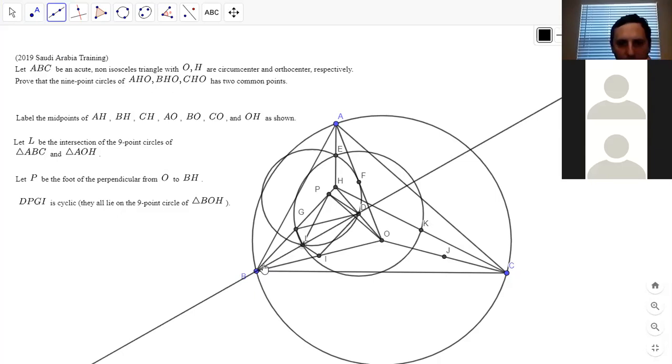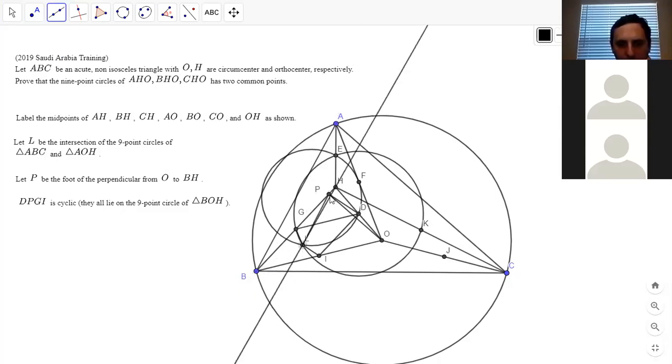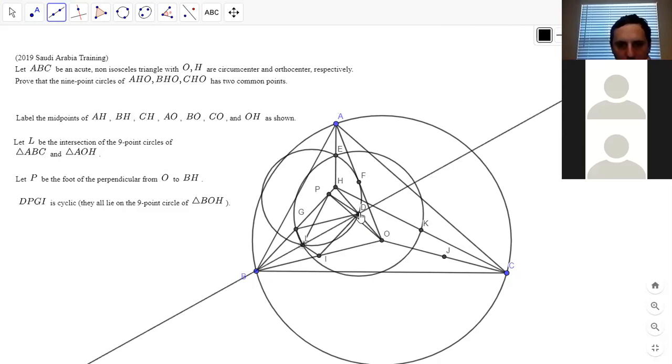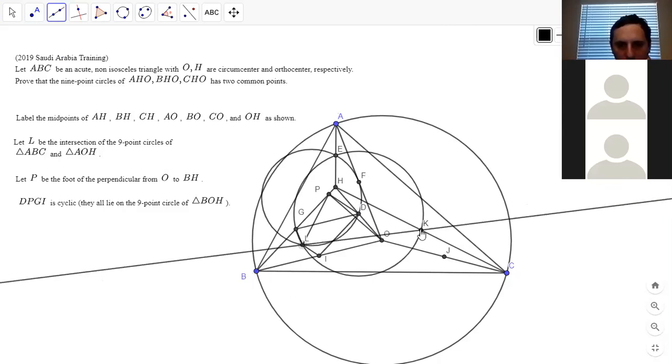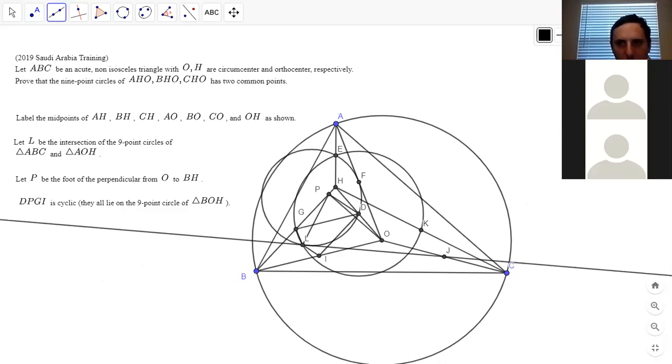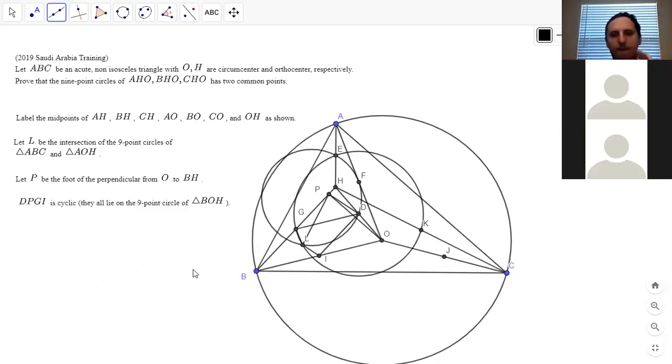I don't think BL and B are collinear, because then... no. Yeah, I like trying to show that LI is parallel to PB. But yeah, I'm not totally sure where to start with that. Maybe we could calculate angle GLI.